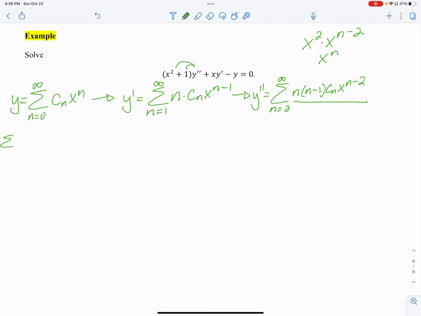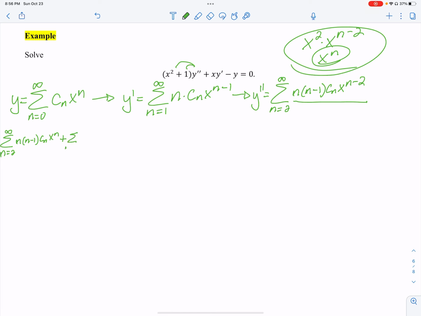The summation, this is going to be the 1 times x squared to result in that. This is going to be n equals 2 to infinity of n times (n-1) times c_n x^n. That's the first one, because I multiplied here. Just a reminder, times 1 now. I have the summation n equals 2 to infinity of n times (n-1) c_n x^(n-2), because that one wasn't corrected. That was times 1. Plus, now I'm multiplying x times the first derivative.